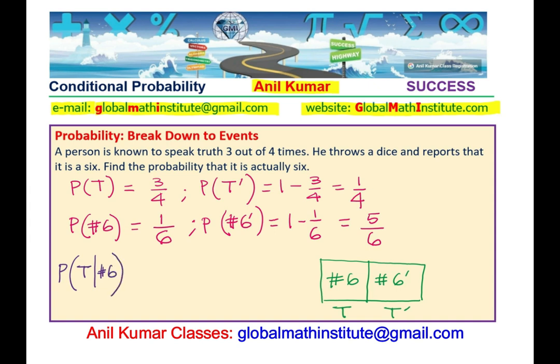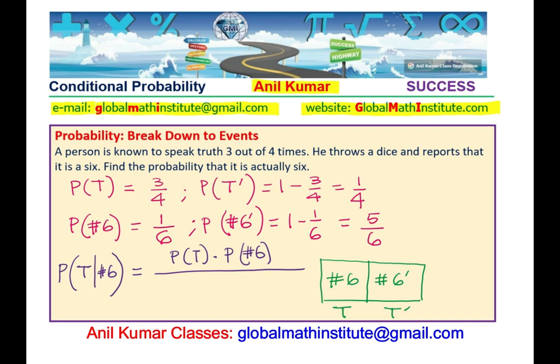So that is what we are looking for. Probability that it is truth and it is a 6. Now, since we are talking about probability, it is truth and 6, then their probability should be probability of truth times probability of getting 6, correct?